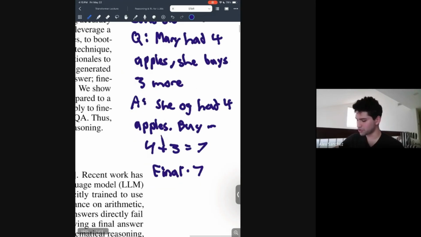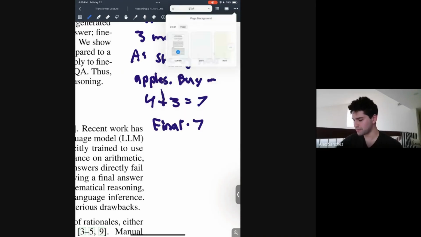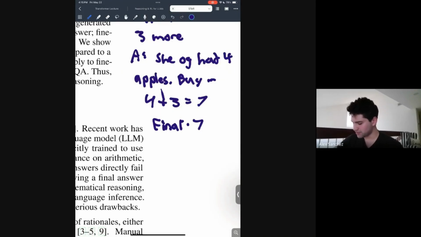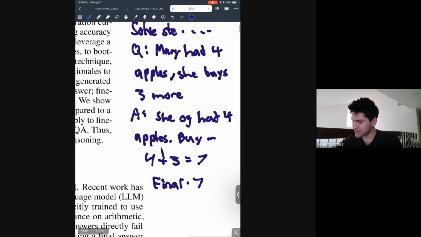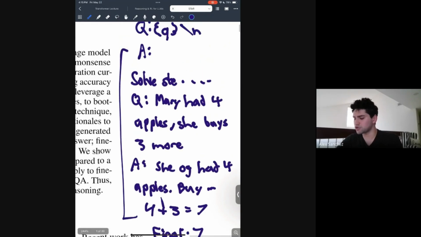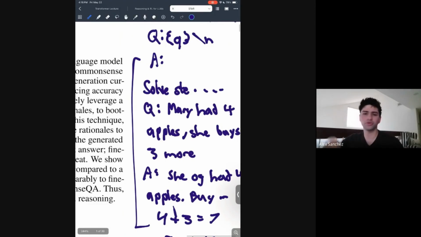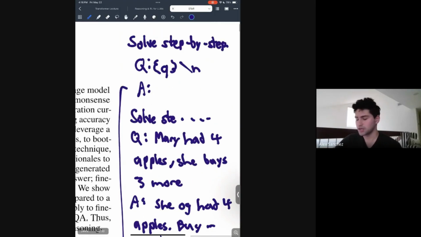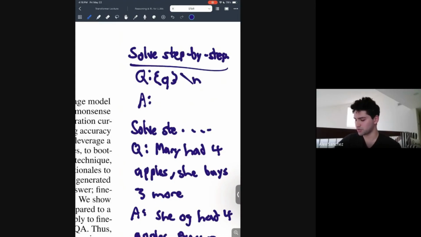And then you give maybe another example of that, and then you prompt it to actually answer whatever question is given. This example that you put within the prompt basically gives the LLM a good structure and a good rule to follow within its context window that it will most likely keep on following throughout. It's a lot better to do this than to just say solve step by step and then give it the prompt.